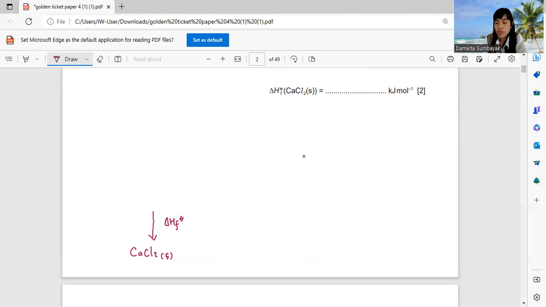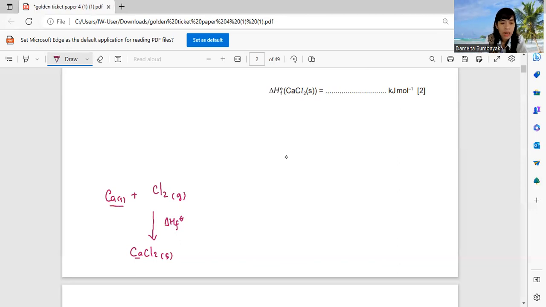To form CaCl2, you can form it from its elements in the standard condition. So we have calcium, usually in the solid state, plus Cl2, which is in gas form. We call this delta HF. And then we want to obtain Ca2+ gas and Cl- gas.